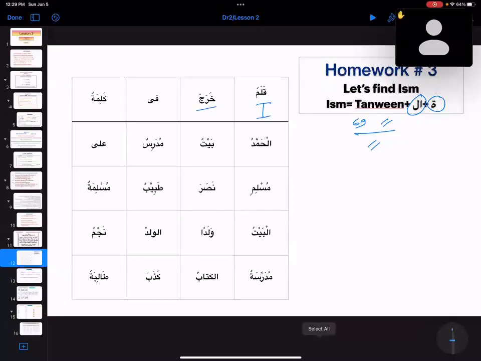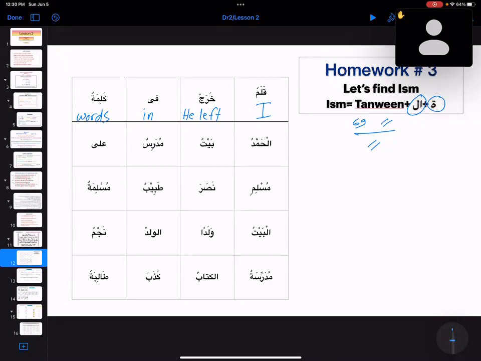Kharaja, if I say kharaja, it means he left. Okay, so you guys need to have a little vocabulary for that. I forgot to write the meanings here. So kharaja means he left. And then fi means in. Kalimatun means words.